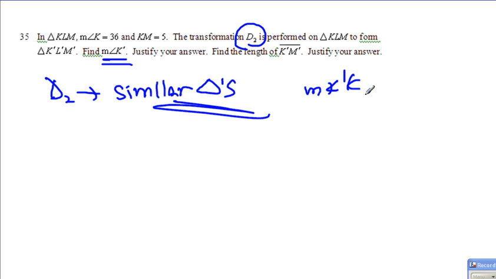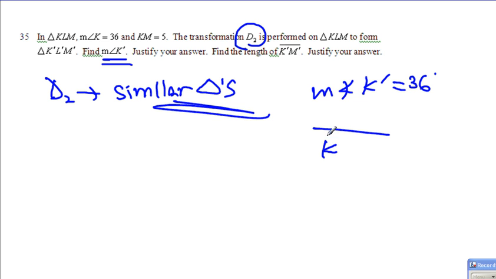Measure of angle K prime right here, measure of angle K prime will still be equal to 36 degrees.